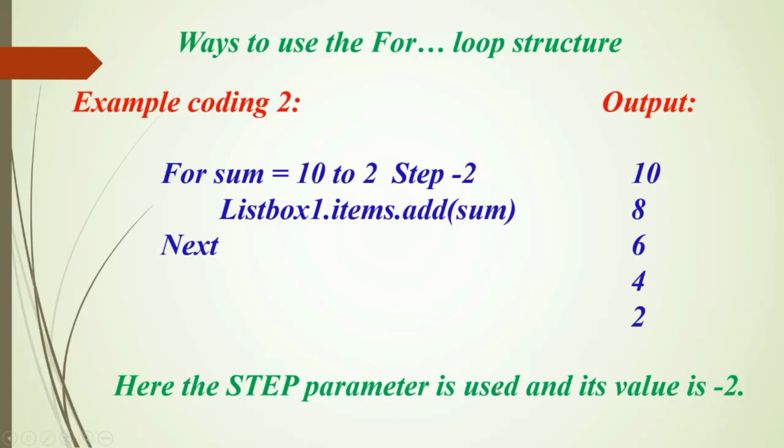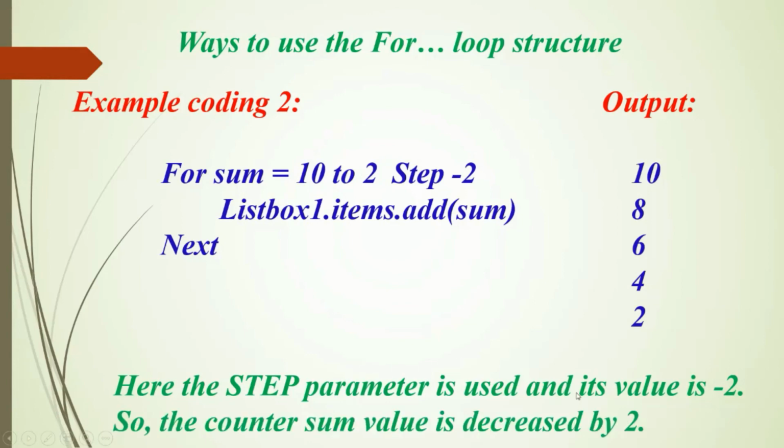The step parameter is used here and its value is 2, so the counter values are decreased by the value 2. Students, I think we now know how to use the For loop structure, its syntax, and the usage of the step parameter with positive and negative values, and how the output is displayed if it is not specified. You now know about the For loop structure in this section.